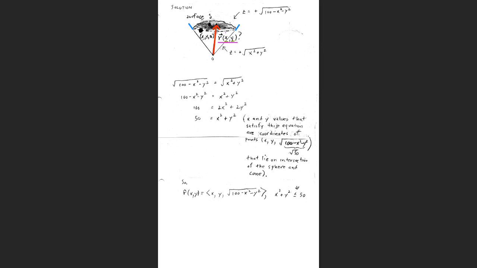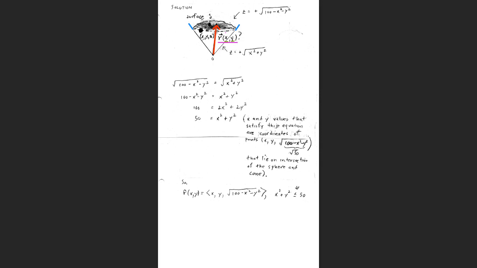What is important is to find the intersection between the cone and the sphere, because that intersection forms this rim that bounds the surface, and based on that rim, we can get the domain for our parameters x and y.